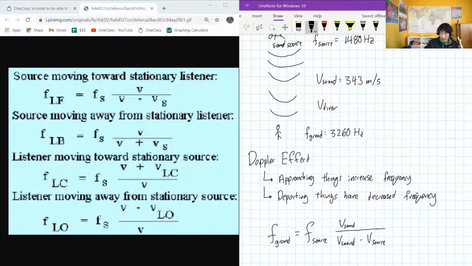Okay, this is the equation that we want to use for a source moving towards a stationary listener.